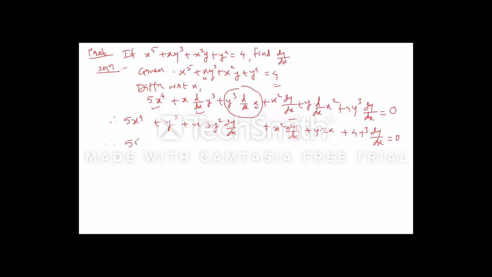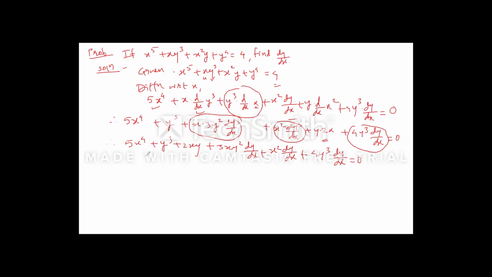Now let's collect here 5x raised to 4 plus y cube, also 2xy. Now let's collect the terms of dy by dx: 3xy square dy by dx, x square dy by dx, plus 4y cube dy by dx equals 0. Therefore, on the right side it becomes minus 5x raised to 4 plus y cube plus 2xy.